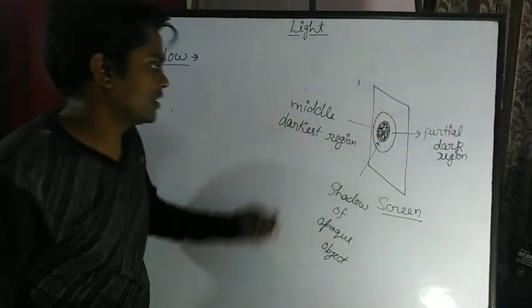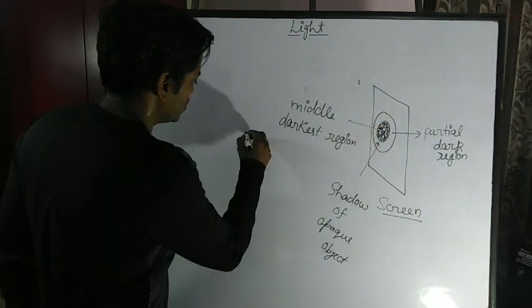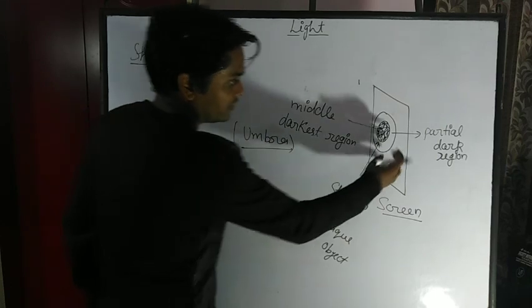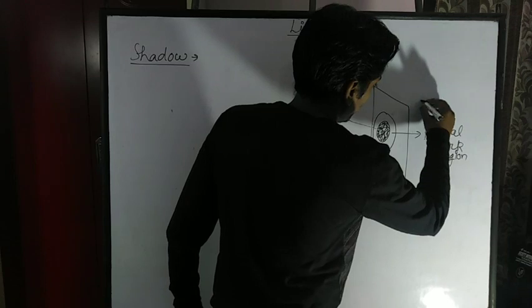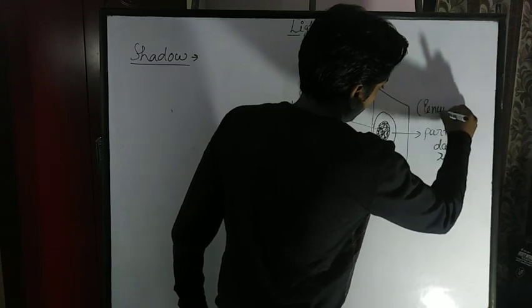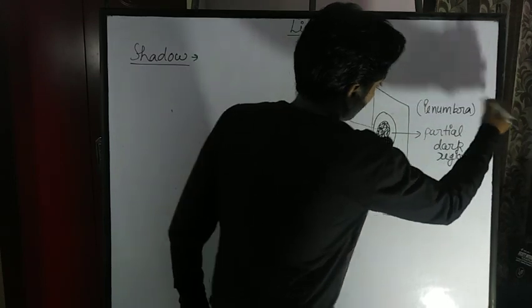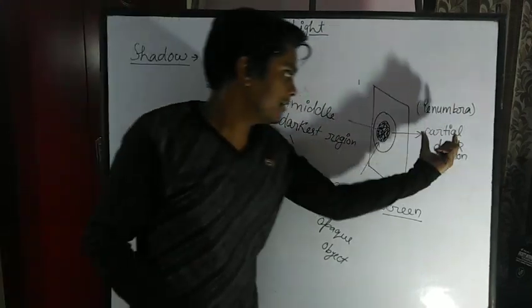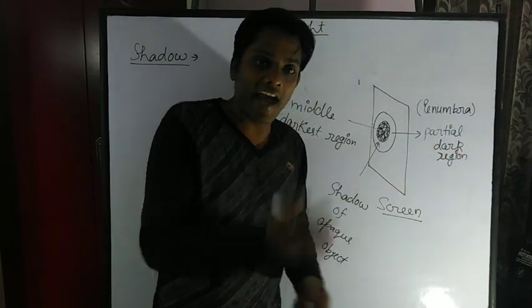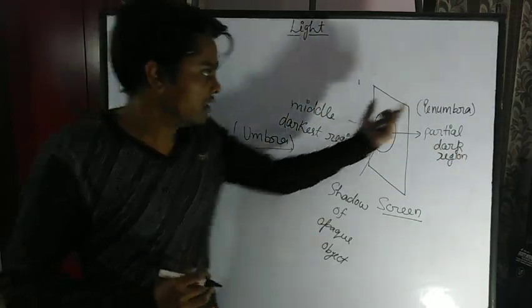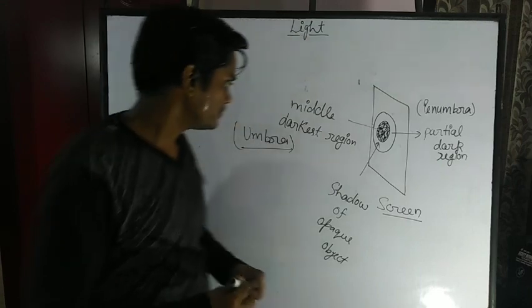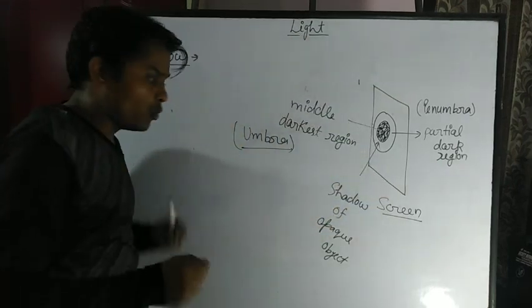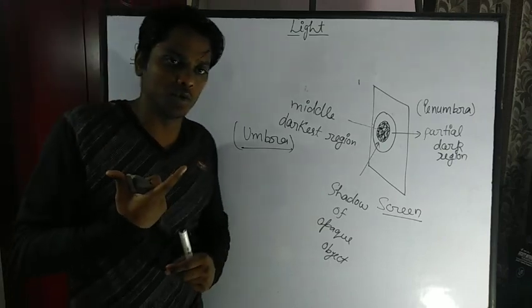This middle darkest region is known as umbra, and this partial dark region around the umbra is known as penumbra.